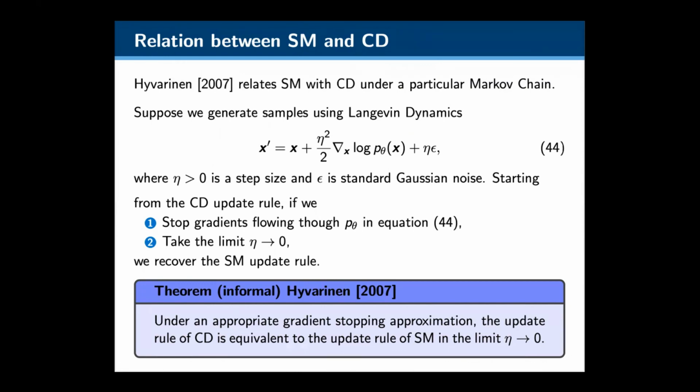The conditions are that you use a Langevin dynamics sampler, take the step size to 0, and stop gradients flowing through your Langevin sampler. Then you recover the score matching update rule. So all these methods are fairly intimately connected under some appropriate limits or conditions.